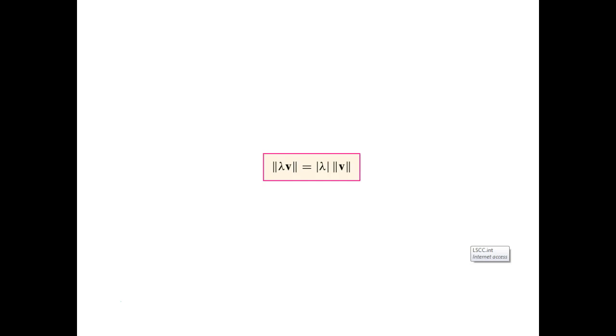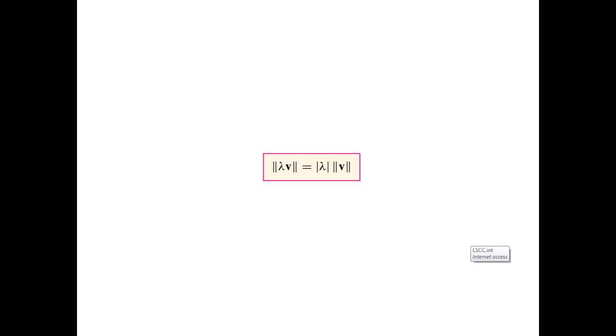If the scalar is between 0 and 1, then it's going to reduce the length of the vector. So you scale it up or you're scaling down, okay? And then if it's equal to 1, you have the same vector. 1 times a vector is just a vector.